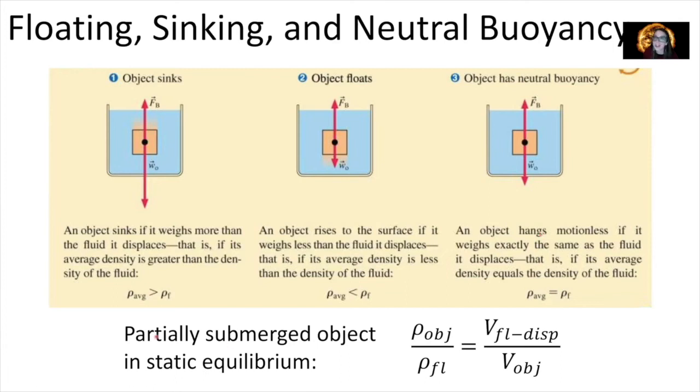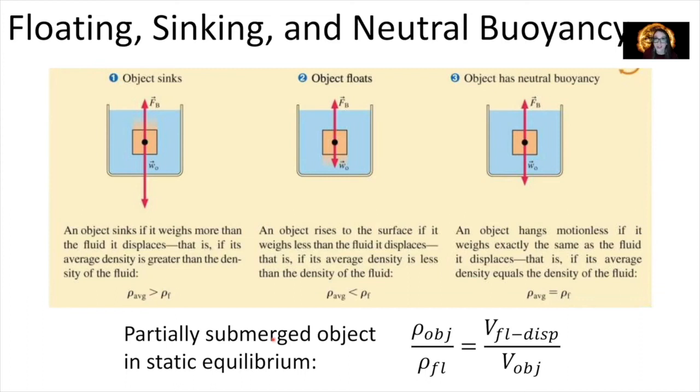It's also the case that partially submerged objects in static equilibrium have a unique relationship. So if you are floating, let's say, a piece of wood on water, part of that piece of wood is going to be submerged under the water, and part of it is going to be above the water.